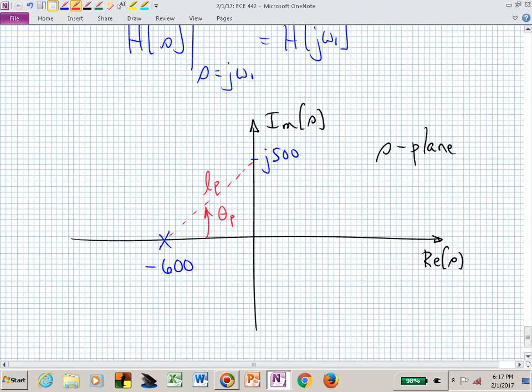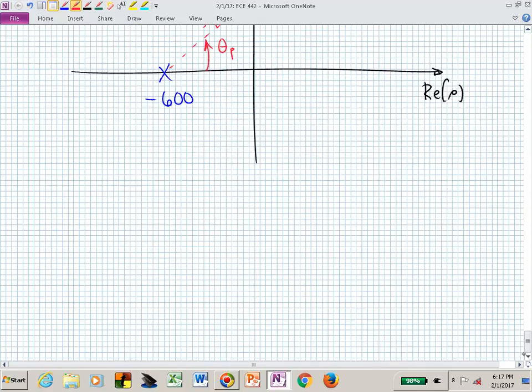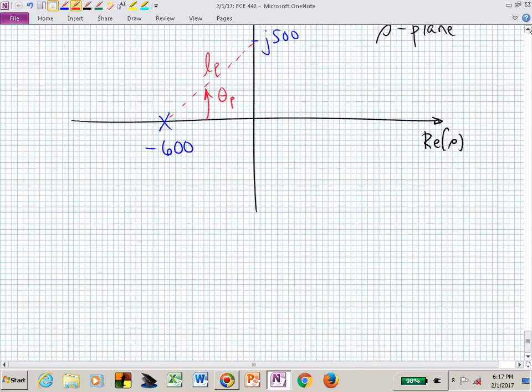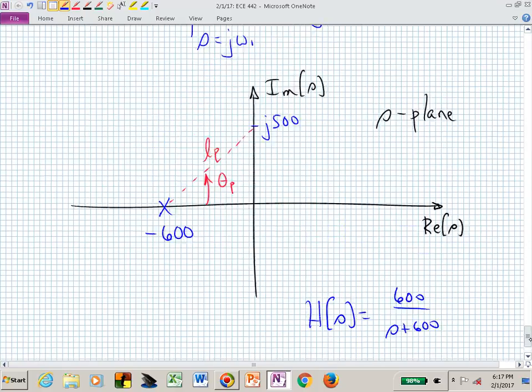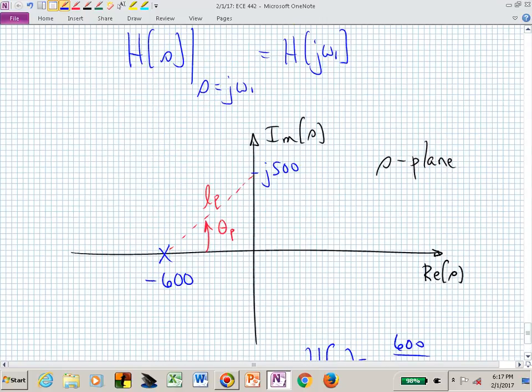And here's where the pole zero structure of our transfer function becomes more important. Now we have h of s equal to 600 over s plus 600, and from this pole zero diagram, we can actually visualize or measure with our ruler or dividers and a protractor the length of that distance and the angle.